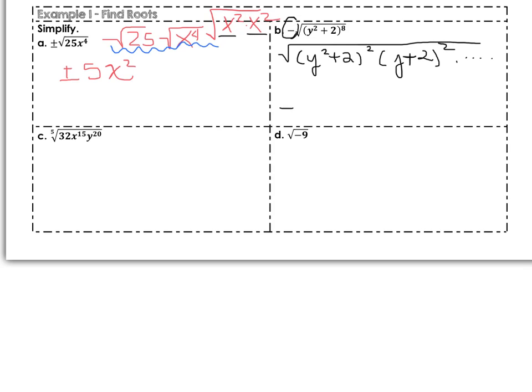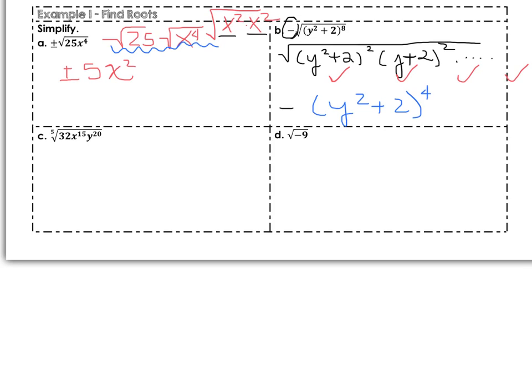I'm really going to have that quantity appear once, twice, 3 times, and 4 times. Because I have that perfect square quantity appear 4 times, I can now pull out the quantity y squared plus 2 to the 4th power. Your textbook just simply rewrites this as being raised to the square power. I highly recommend looking at that.